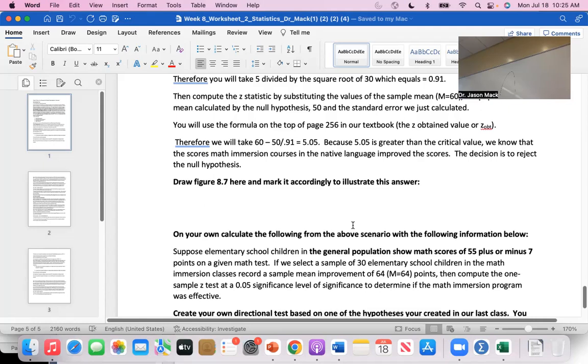So that's going to be the same as step 2. 1.645, because it's between the two z scores. Yeah, on the graph. Yeah, that's absolutely right. So drawing that would be the same thing.